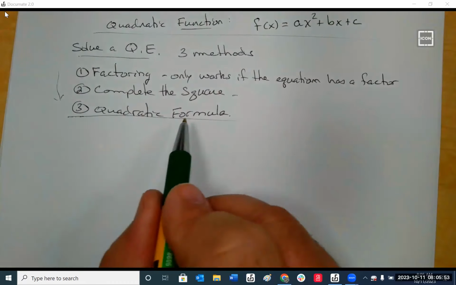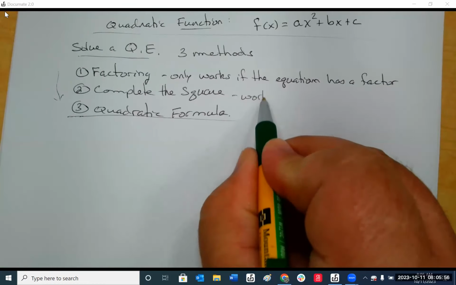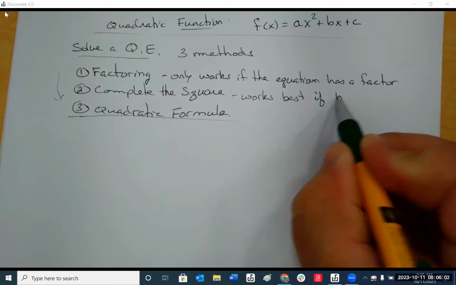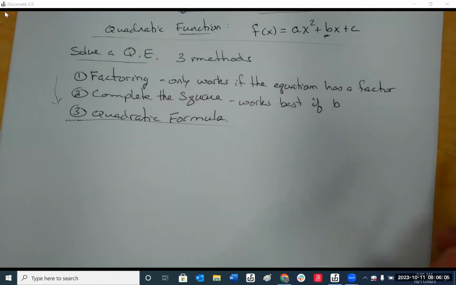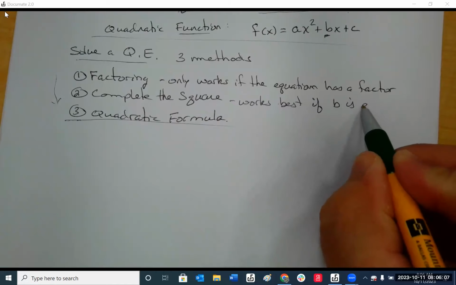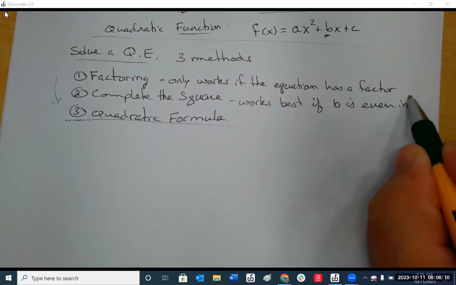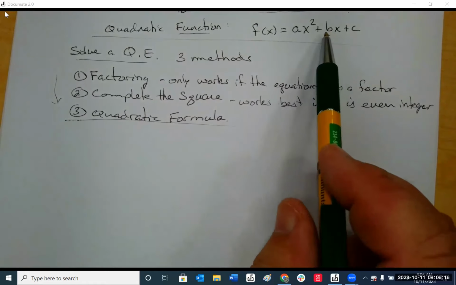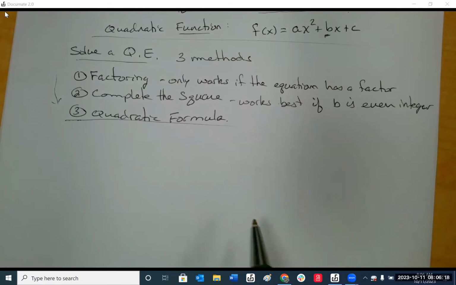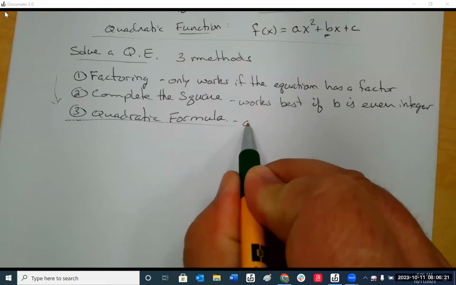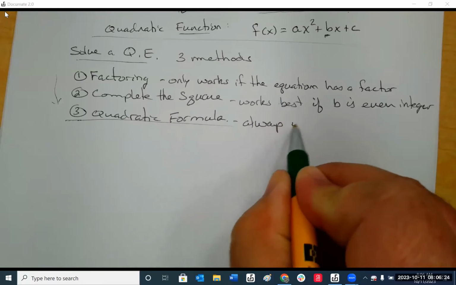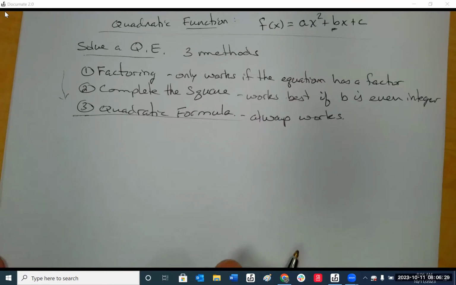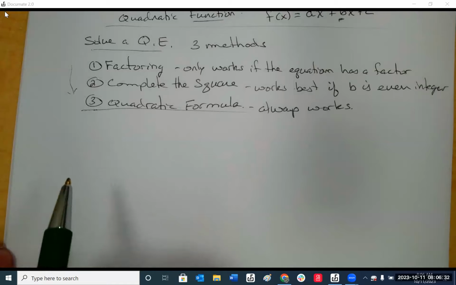Complete the square works all the time, but works best if your middle term, your b term, is even. It's an integer. Because if b is an odd number or a fraction, then it makes it much more difficult. And the quadratic formula always works. It's a formula, so you just plug and play. But we have to know how all 3 of these work anyway. So let's go and start.